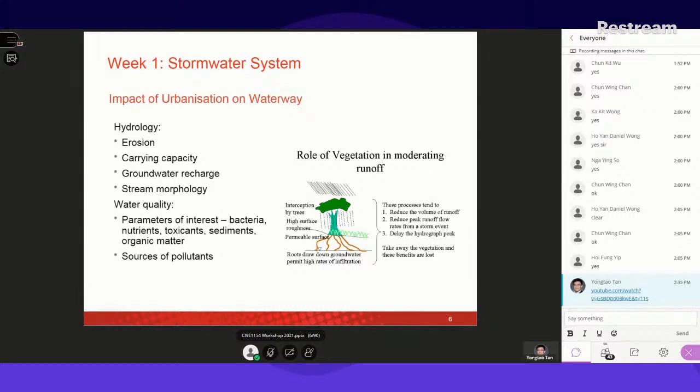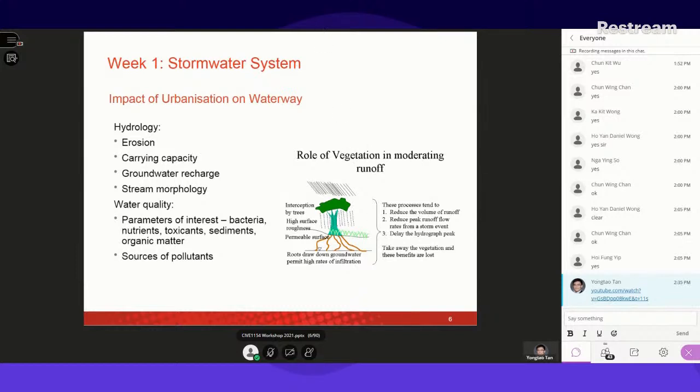Erosion: the exposed soils erode easily because the vegetation is removed. You can see this figure, this slide showing the role of vegetation in moderating the runoff.